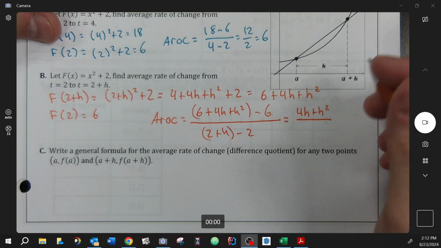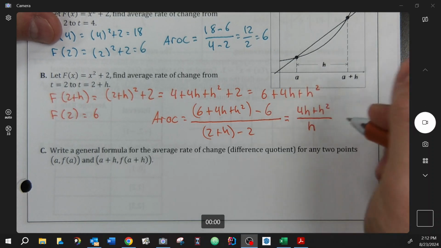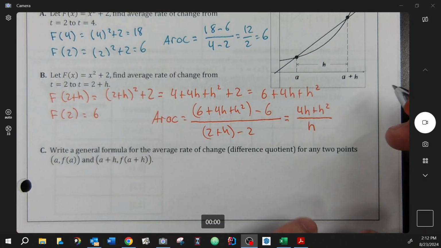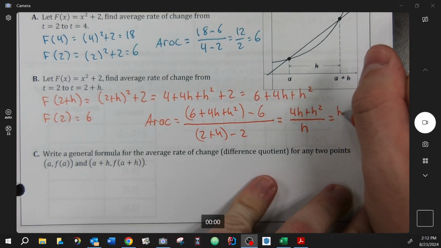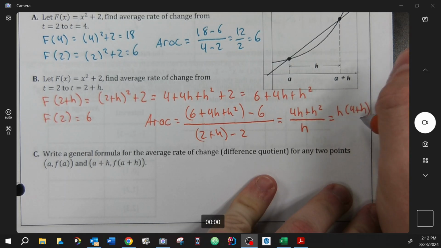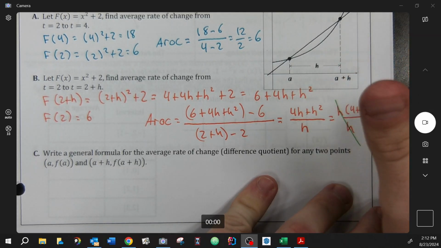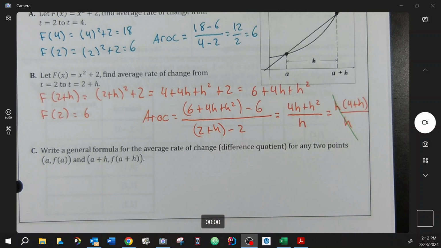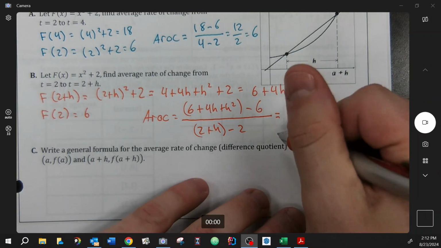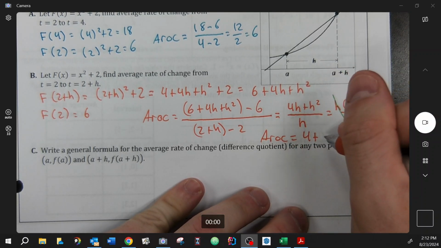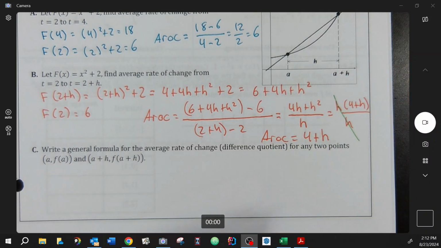And on bottom, the 2's cancel. And this fraction reduces, because I can factor an h off the top, and I can cancel it off the top and bottom. My average rate of change ends up being 4 plus h.